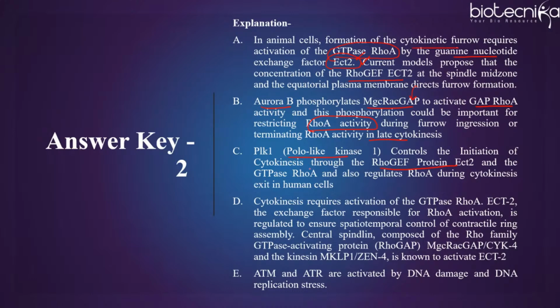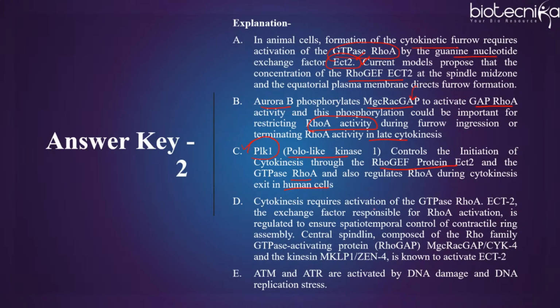So it controls the initiation of cytokinesis through the Rho-GEF protein ECT2 and the GTPase RhoA. Another important function of polo-like kinase is that it helps in exiting cytokinesis. So that is why polo-like kinase plays an important role.